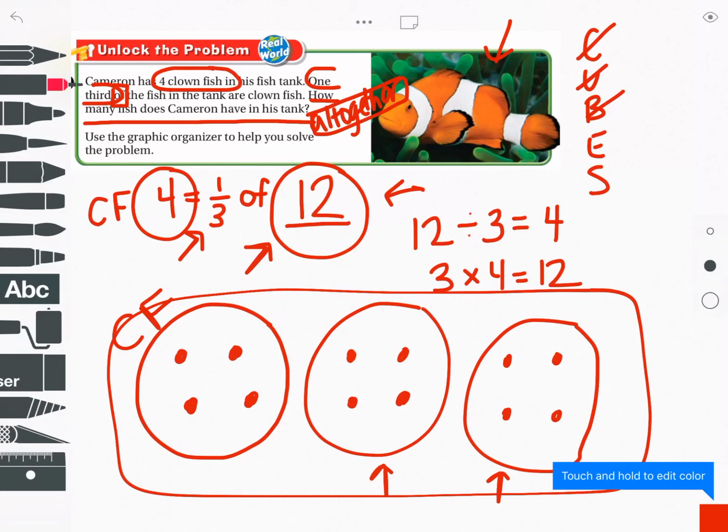So 12 divided by 3 equals 4. 3 times 4 equals 12. Both of those equations show me that my answer of 12 fish is reasonable. So the total answer, how many fish does Cameron have in his tank, would be 12 fish. And again, because I have so much work, I'm going to make it nice and bold so you can see my answer.